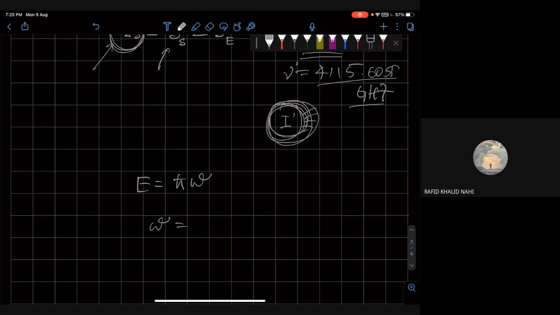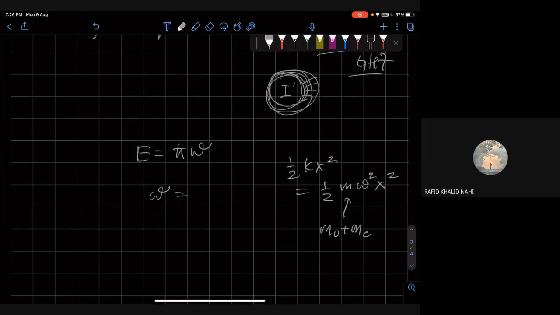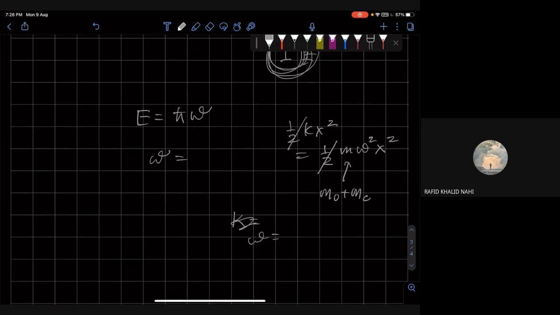Force constant, Newton per meter, K. So it's half k x squared equals half m omega squared x squared, right? And m here is m_O plus m_C. So omega is going to be the square root of k by m.